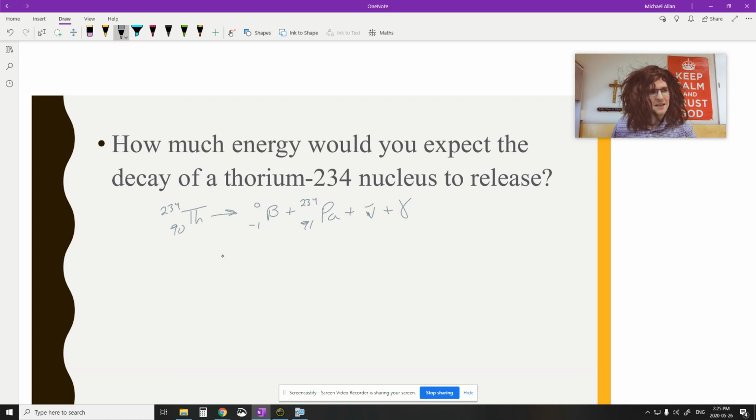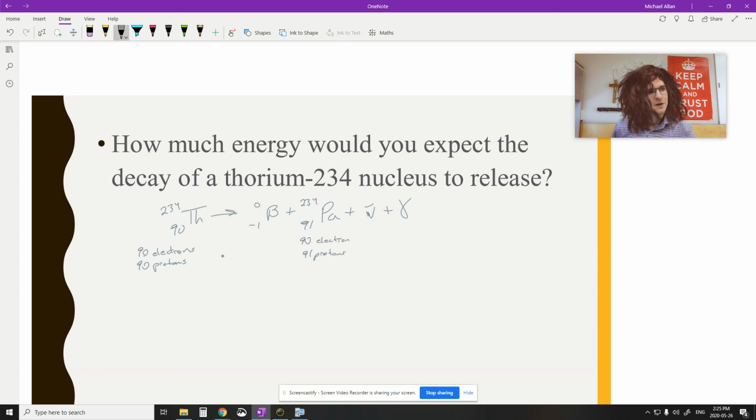It has 90 electrons because this guy had 90 to start off with. 90 electrons because he's an atom. Electrons, 90 protons. This guy over here has 91 protons, but 90 electrons because he didn't gain or lose electrons.